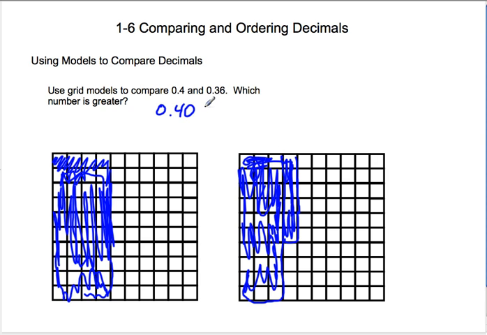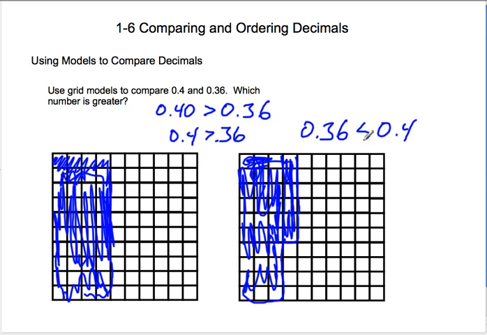So 0.40 is bigger than 0.36, and the actual question was 0.4. So we say 0.4 is greater than 0.36. You could also say 0.36 is less than 0.4. So you can write it in either way here.